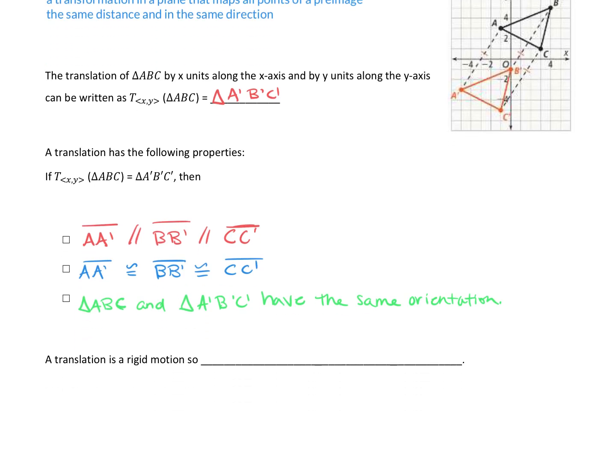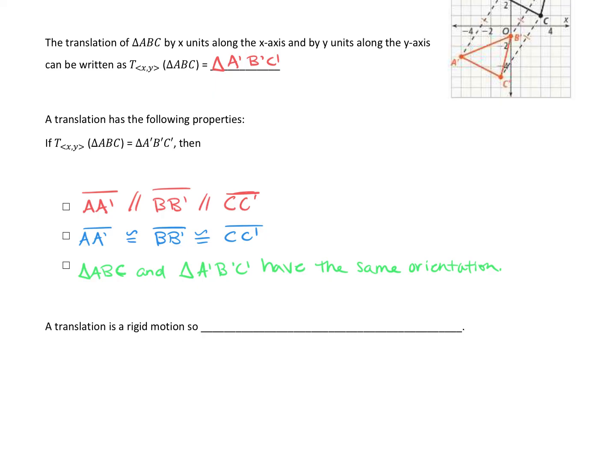All right, and last, a translation is a rigid motion. So length and angle measures are preserved. They do not change.